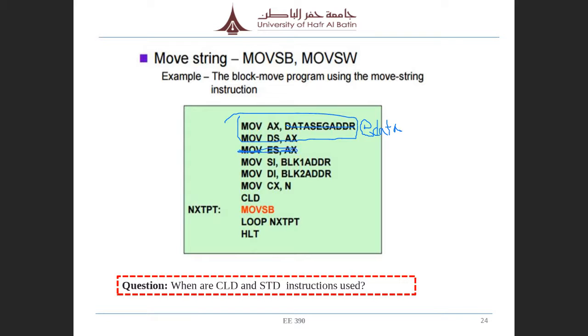The main thing is MOV SI, offset X. SI holds the address, just the offset of X. And this one is MOV DI, offset Y, for example.